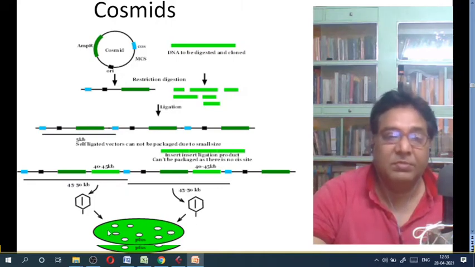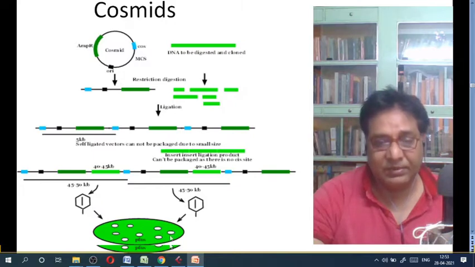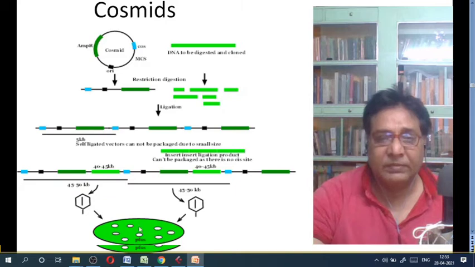This is the lawn of the bacterium in the petri dish, and these are the clear zones. These clear zones are the plaques, we call them plaque forming units. Okay, so phages don't produce colonies. They will lyse the bacterial cells that are present. So first you generate a lawn of bacteria, and if some of the cells are infected, they will continuously eat up their surrounding cells, and gradually they will form clear zones like this.